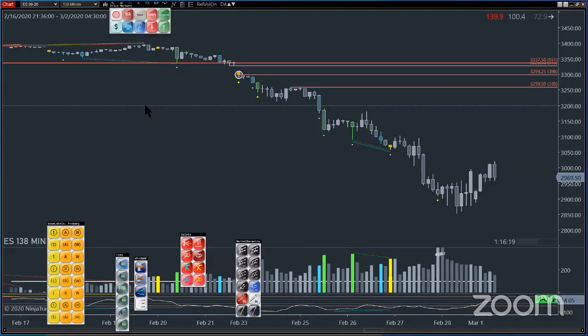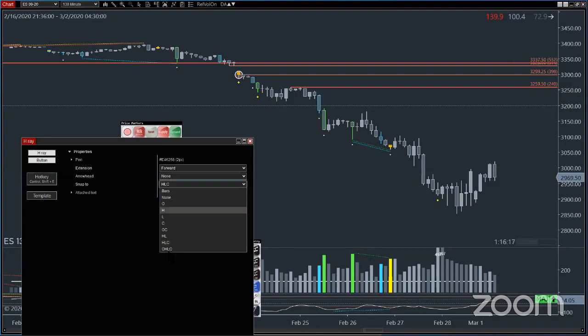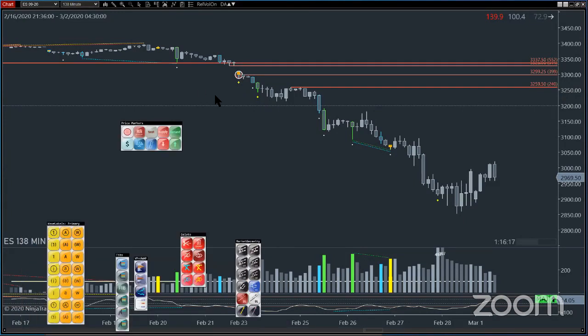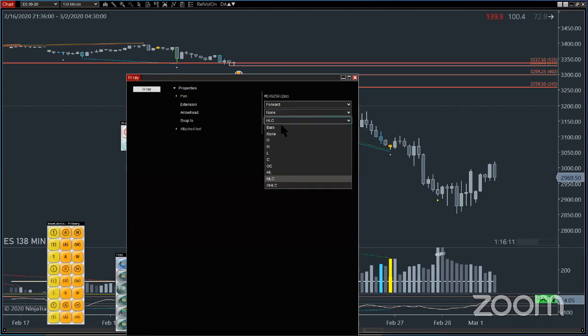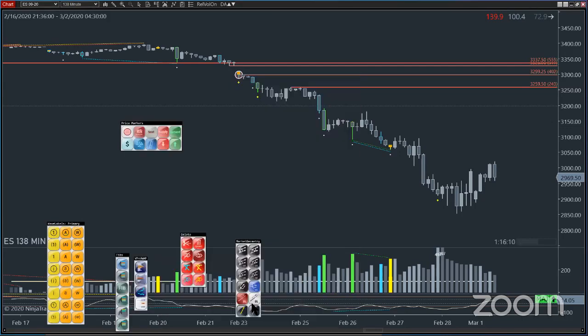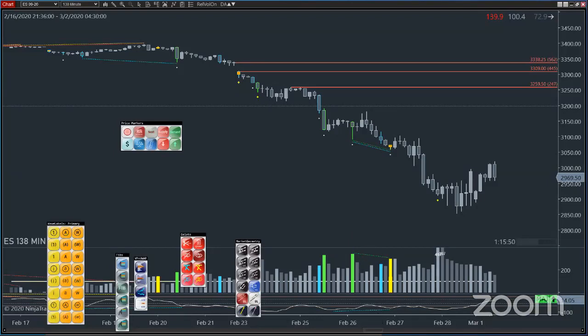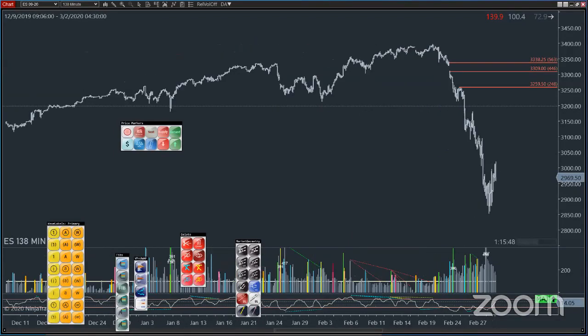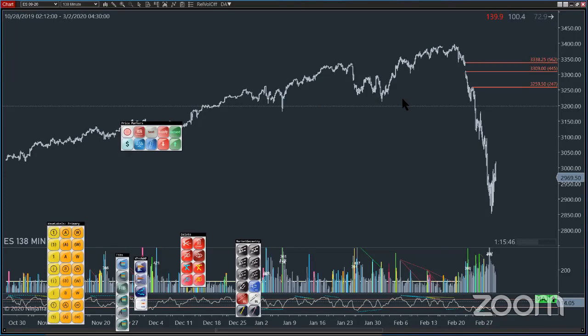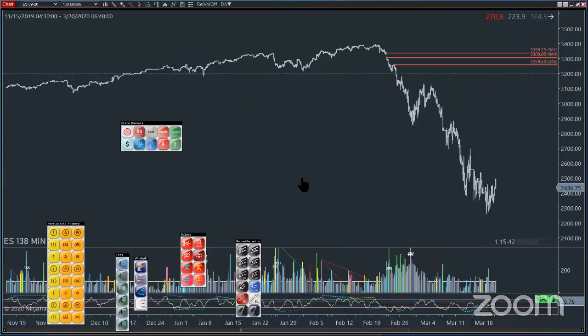Hang on. Open, high-low close. This one I do want the close. That's it right there. It's exactly in line with that previous high too. All right, so that would be our little area that we would want to make it back into.